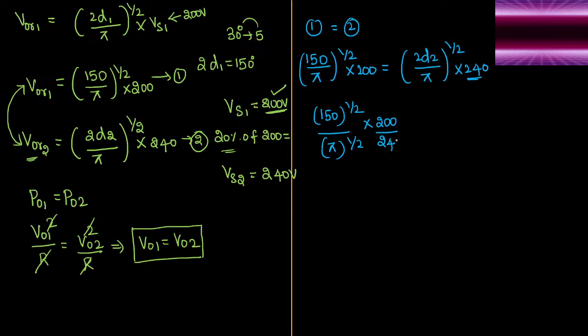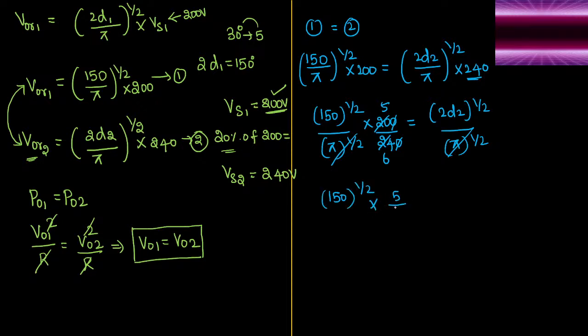It will become 200 by 240 equal to 2D2 whole power 1 by 2 upon pi whole power 1 by 2. Now pi whole power 1 by 2 will get cancelled out, and we can cancel this 0. 5 times 4 is 20, 6 times 4 is 24. So further we get 150 whole power 1 by 2 into 5 upon 6 equal to 2D2 whole power 1 by 2.